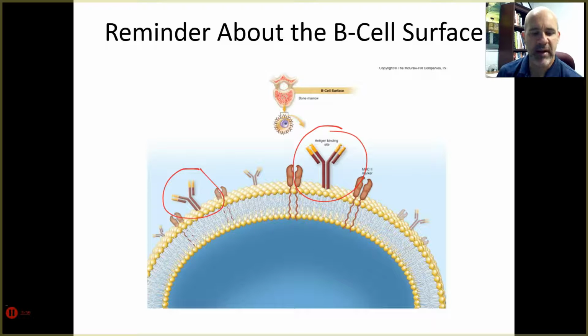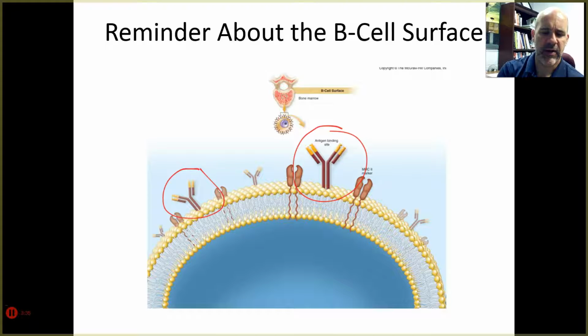And that Y shape reminds us of what antibodies look like. So a stimulated B cell, a fully activated B cell, is going to go on to produce and secrete lots of antibodies.